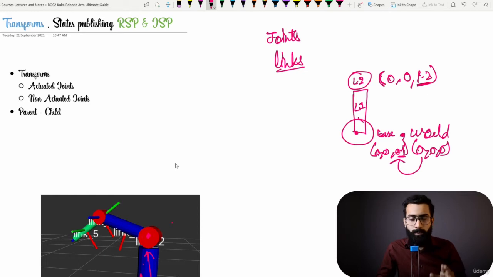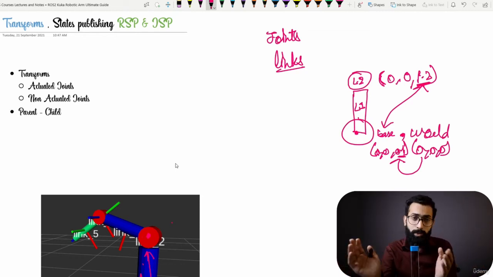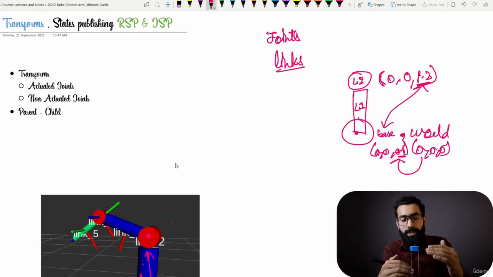Now this 1.2 in z-axis is from base. Okay, this is a transform between link number 1 and link number 2. When we move this world, the base is going to be moved and this link number 2 is also going to be moved because we have a specific transform, a structure, in between these links and joints. So this is the basic concept of transforms, which is utilized to keep the robot in a structure.